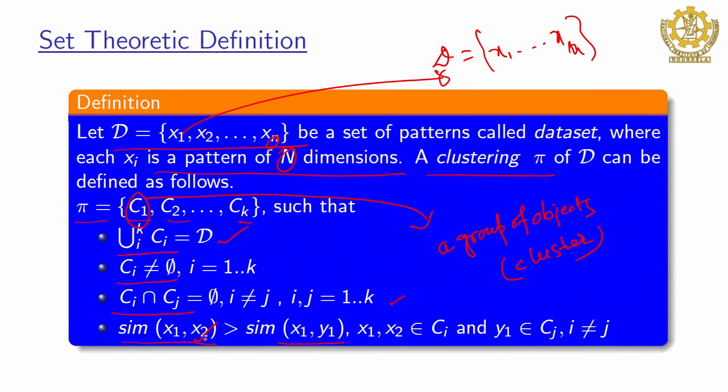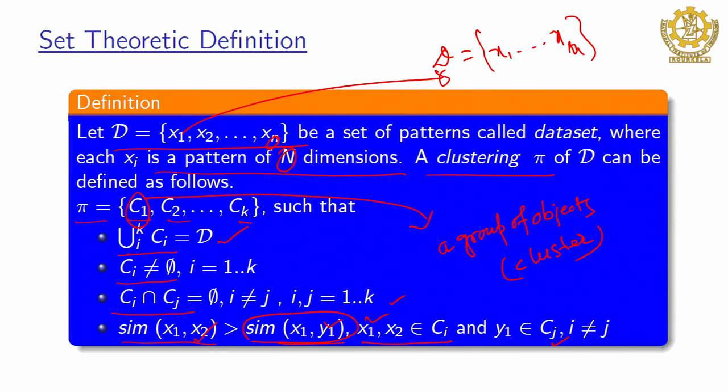Let us say x 1 and x 2 are in a cluster, so the similarity will be more. If x 1 is in C i and y 1 is in C j, two different clusters, then the similarity value will be less compared to objects belonging to the same group or cluster.